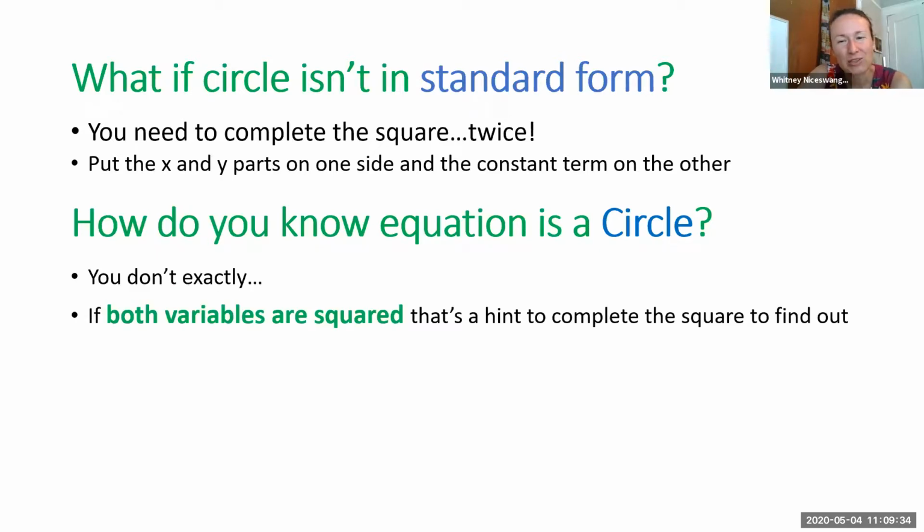You don't actually know you have a circle, but you know you have one of three things: a circle, an ellipse, or a hyperbola. So far, we've only got circles. The way you can identify that you have one of these three things is that both variables are squared. Okay? If both variables are squared, then you've got a circle, an ellipse, or a hyperbola. And once you complete the square, it will become clear which one of those things you have.